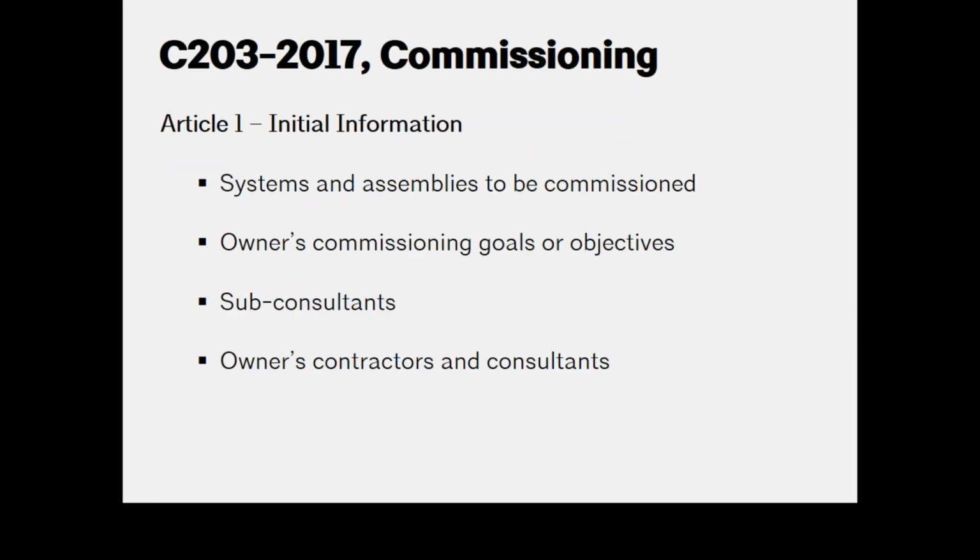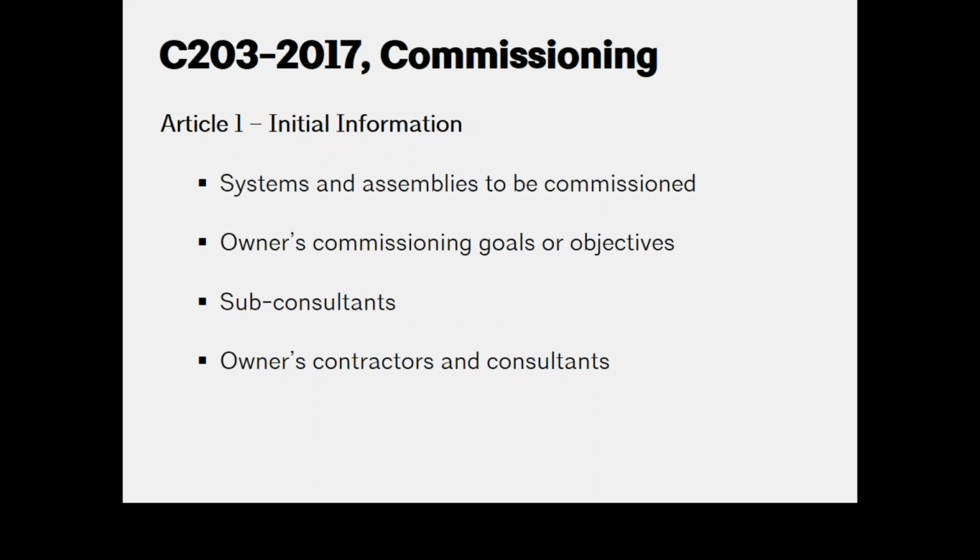The C-203 requires the parties to include a number of items of initial information in Article 1. The parties should be identifying the systems and assemblies to be commissioned, and should be identifying the subconsultants and the owner's contractors and consultants, so that those are known at the time of contracting.